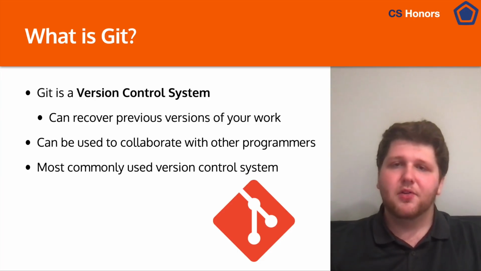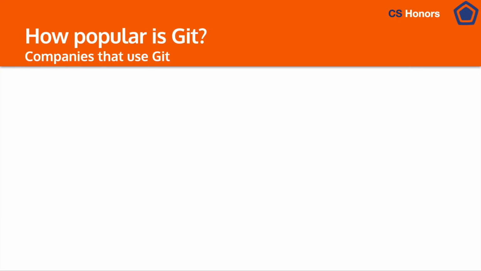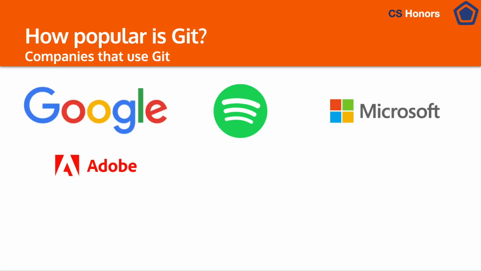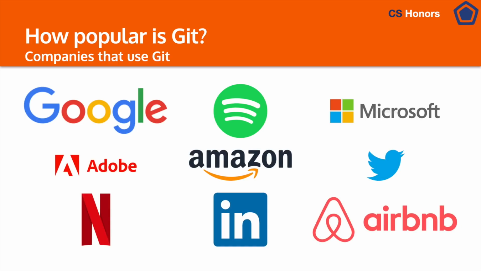It's also the most commonly used version control system in the software engineering world. It's so commonly used that we have a bunch of different companies listed on the next slide to show how many people use it. Some of those companies include Google, Spotify, Microsoft, Adobe, Amazon, Twitter, Netflix, LinkedIn, and Airbnb.